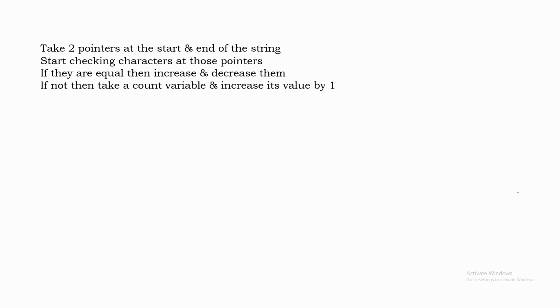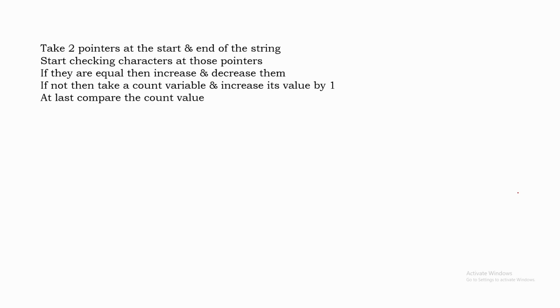Now what if they are not equal? Then we will take a count variable which will be initialized as 0, and every time we see an anomaly, that means at a certain index the characters at the start index and end index are not equal, we increment the value of the count variable by 1.